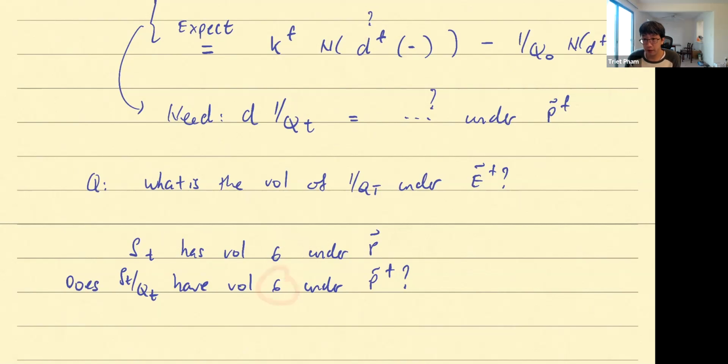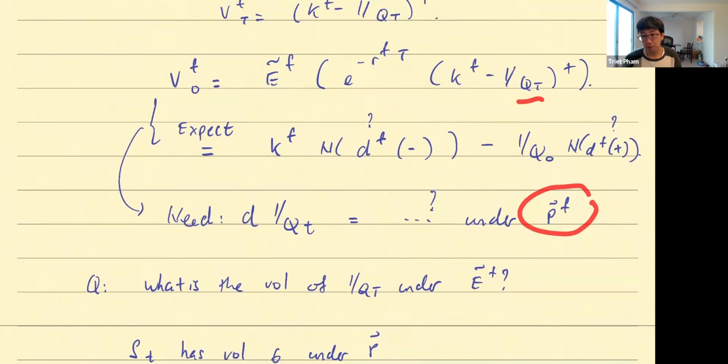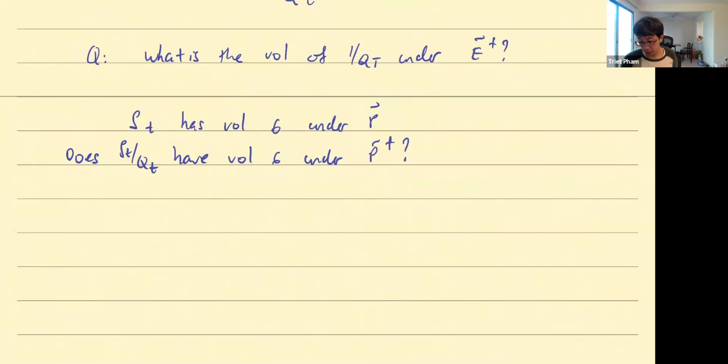You understand the relevance of the question? So is it the same volatility? By the way, the real question is this: the dynamics under the new probability, because that's what you use to price. But if you want to make it a little more intuitive and simplistic, do things retain volatility when you do conversion? Like this.